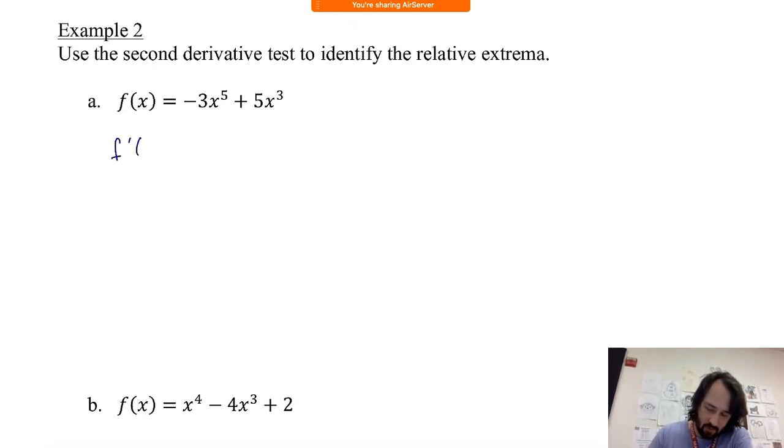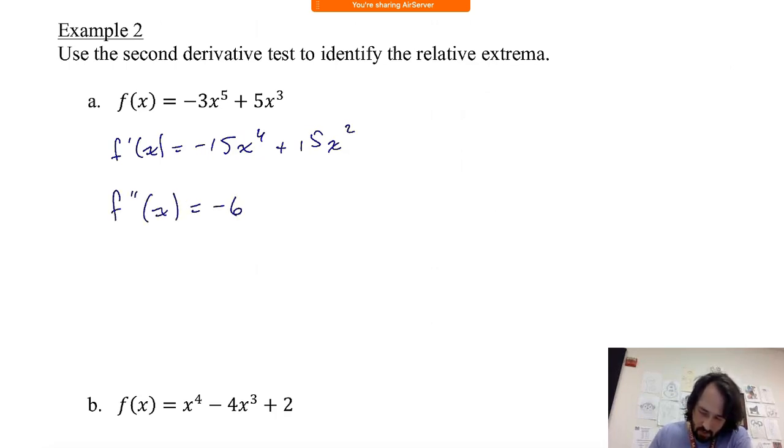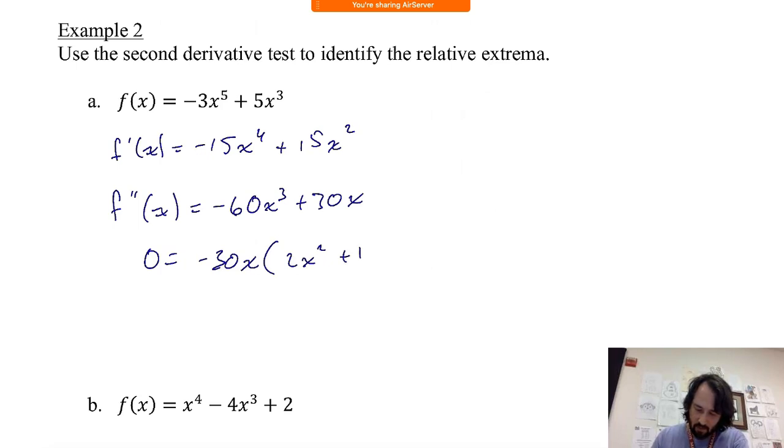So let's go ahead and find my first derivative. It's negative 15x to the 4th plus 15x to the 2nd. The second derivative would be negative 60x to the 3rd plus 30x. And so I want to figure out where my concavities are changing. So I'm going to factor out a negative 30x, and then I have 2x squared minus 1.